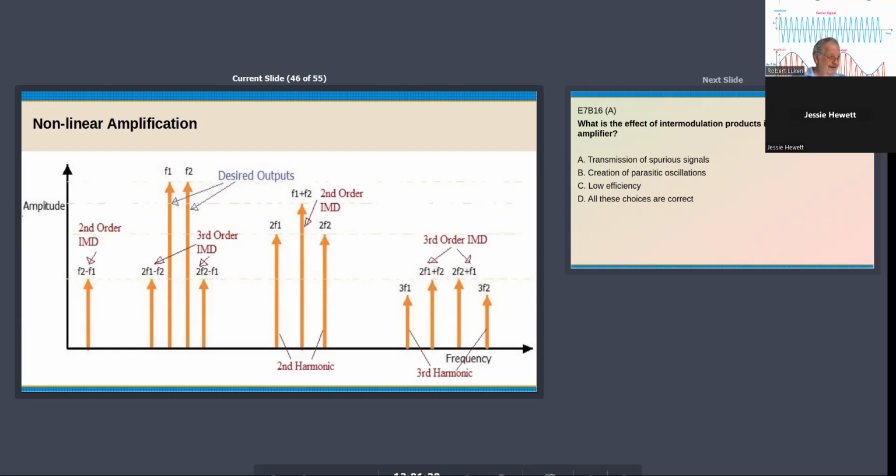I just recently saw, on FT8, I guess it would be third order, sitting right next to their signal. It was upper sideband, and on the lower side there was a harmonic where you could tune in and read their signal on their harmonic.